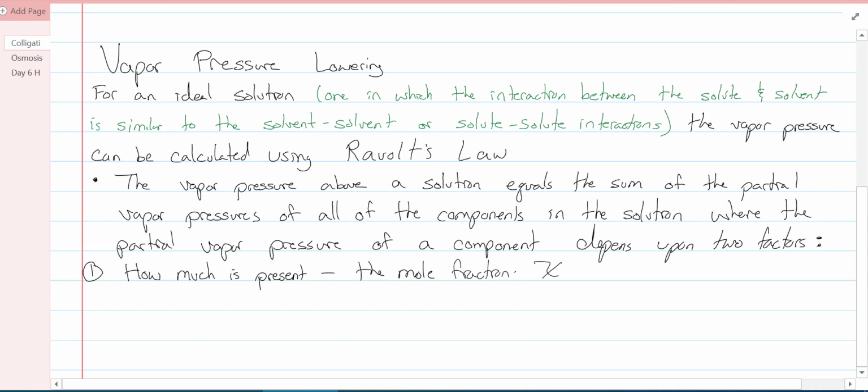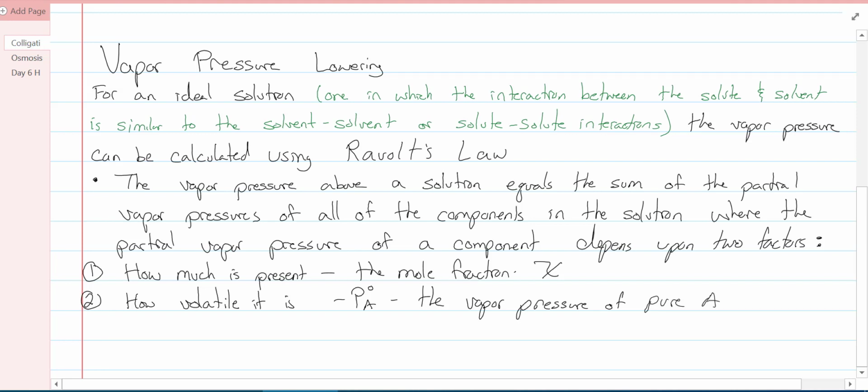And then two, how volatile it is. Right? That is, the vapor pressure of pure A, whatever A is.